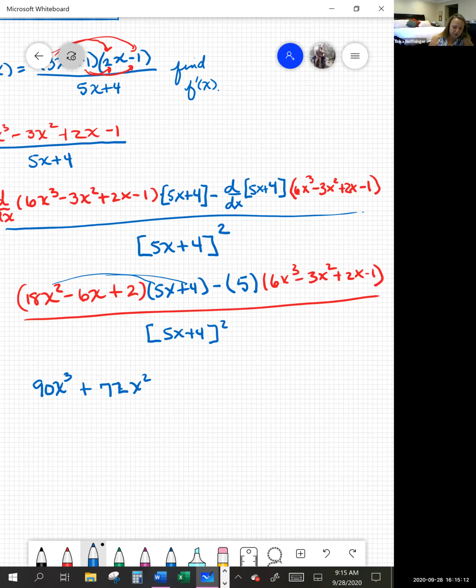Then distribute my negative 6x: negative 6x times 5x is negative 30x squared. Negative 6x times positive 4 is negative 24x. And then distribute the 2: 2 times 5x is 10x, and 2 times 4 gives us plus 8.